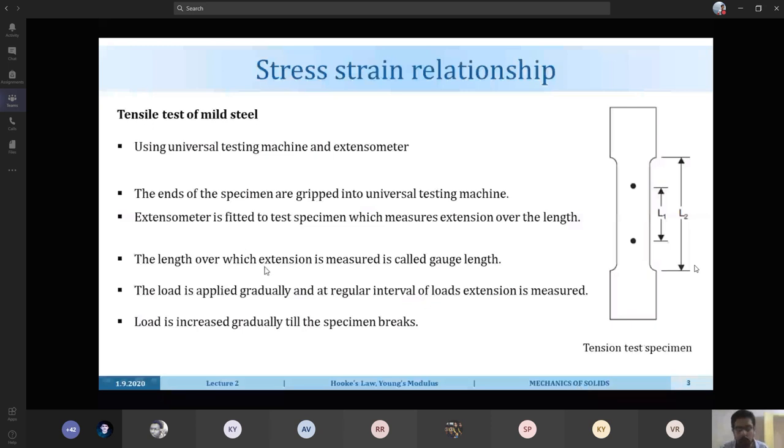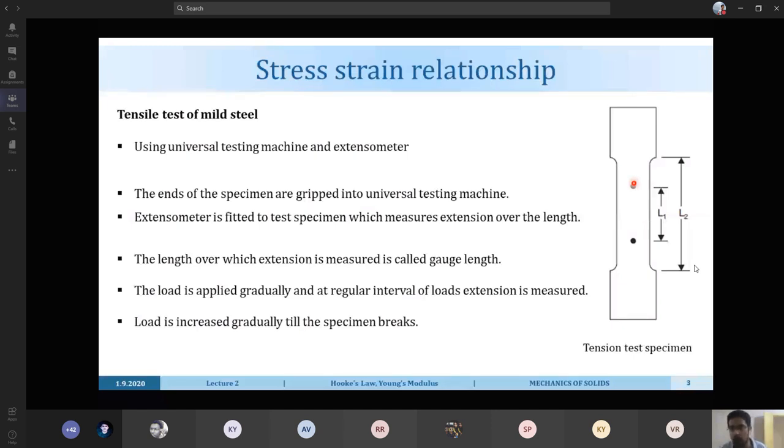And the extensometer is also fitted to this test specimen, and it measures the extension over the length L1. These 2 points we will mark on the specimen, and we will keep the full specimen inside the universal testing machine, and apply some loads, and figure out how these 2 points get elongated, because these are 2 points which are visible to our eye.